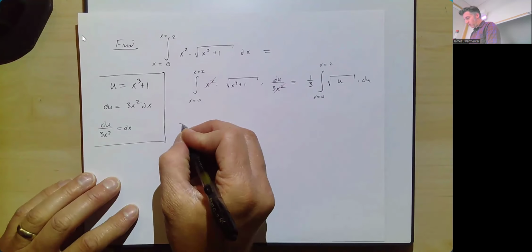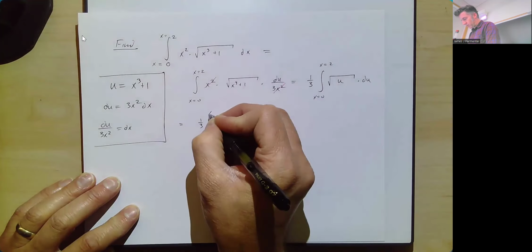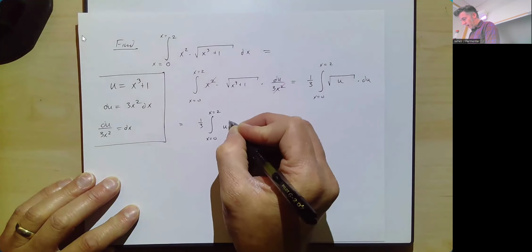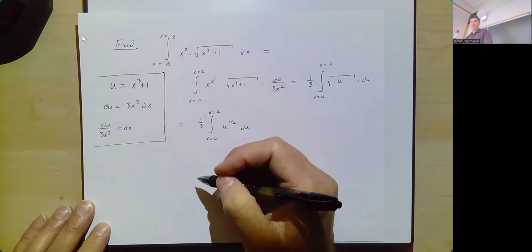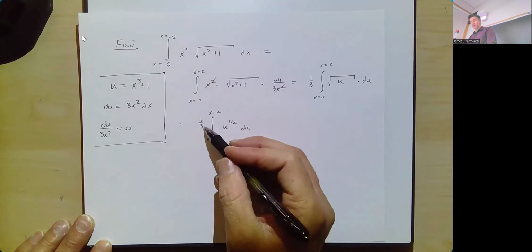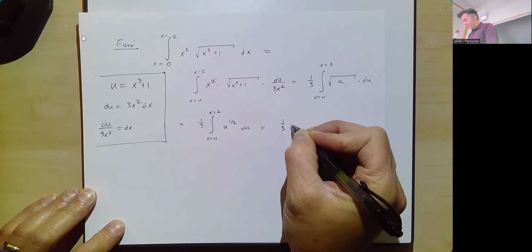We're going to get 1/3 the integral from x equals 0 to x equals 2, u to the 1/2 du. You do need to write x equals though to indicate to the person that you know that these are still x's where this is a u. We integrate, we get 1/3.